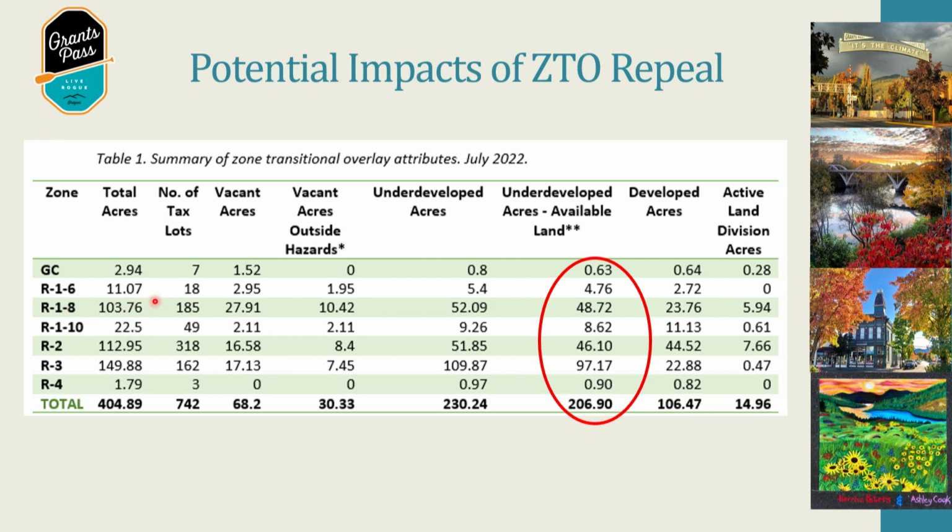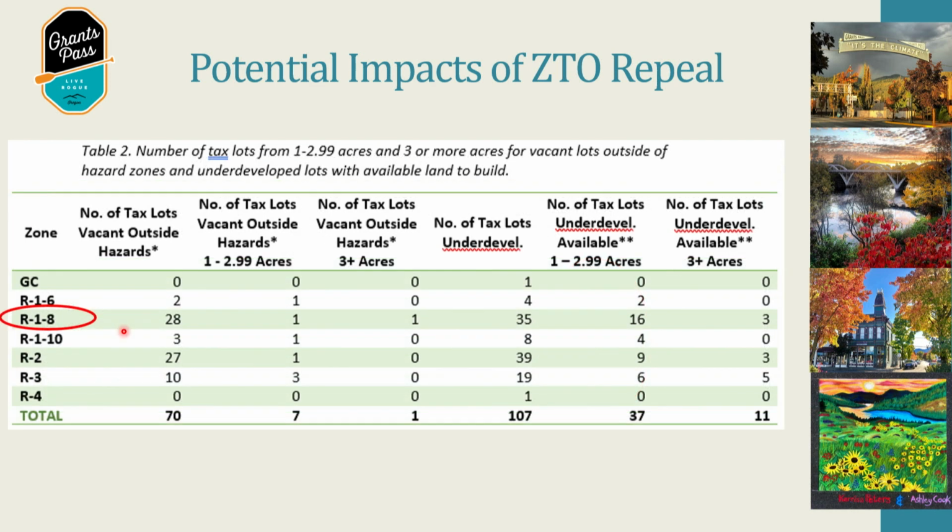Whereas under the overlay, that R18 was all switched to some kind of R2 or R3 or R4, which does allow for multifamily.